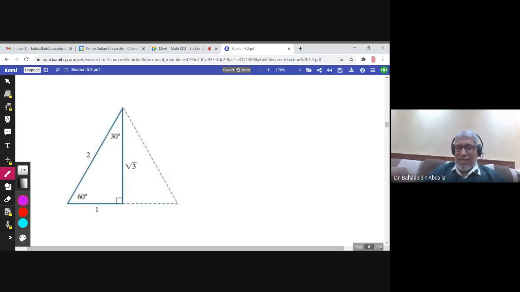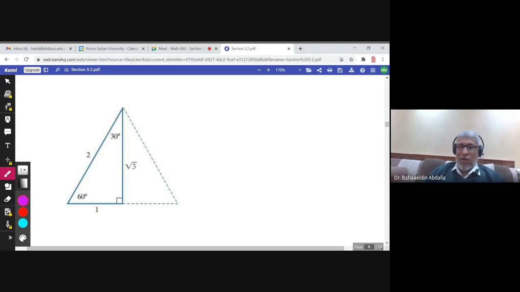For 30 and 60, we will use this triangle. Okay, 90, 30, 60. This is 30. It is less than 60. So if the length of the side opposite to 30 is 1, then the hypotenuse is 2. And we can use the Pythagorean theorem to find that the length of the side opposite to 60 is square root of 3.